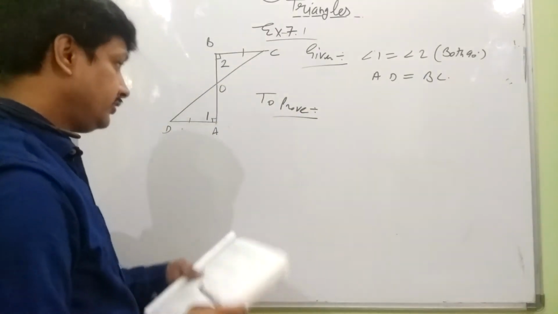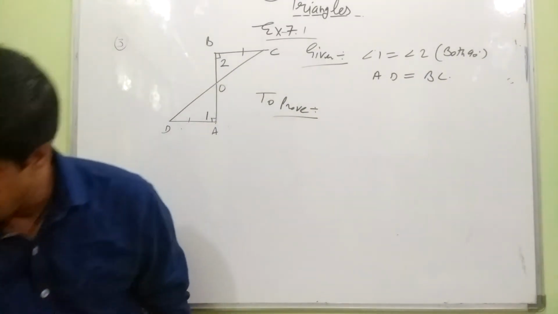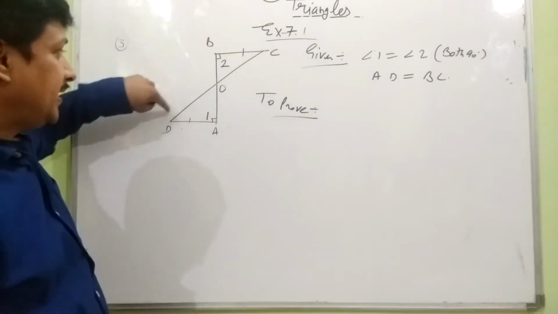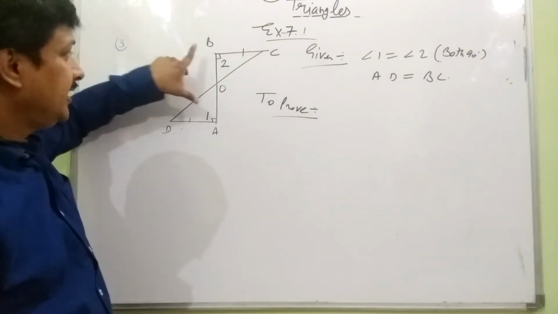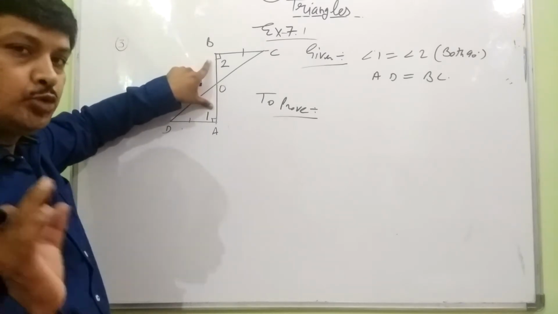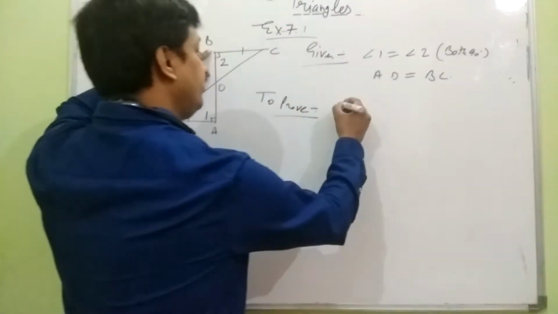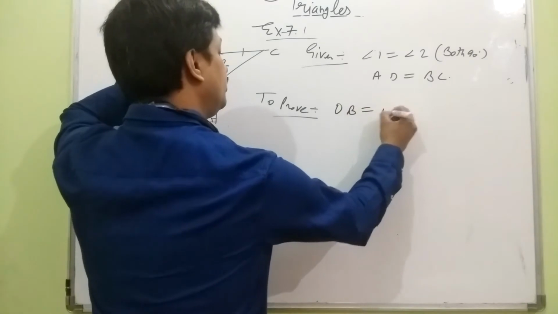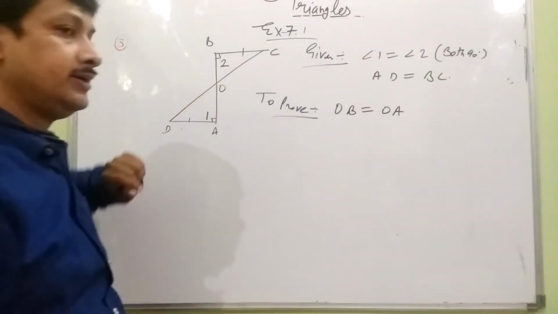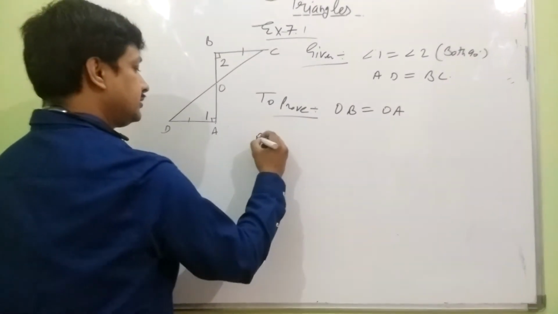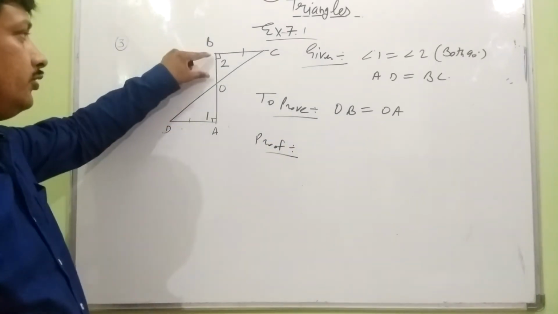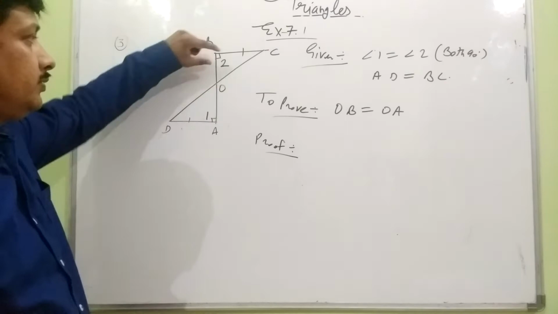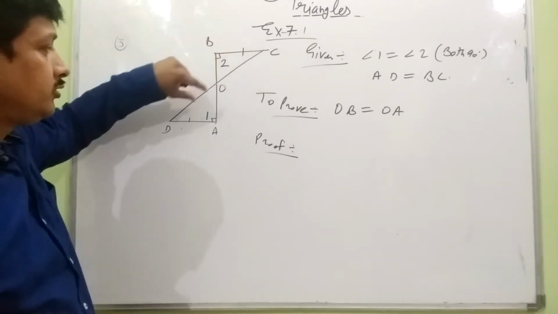Only one thing: that CD bisects AB. What does it mean? We have to prove that CD cuts AB into two equal parts, that is, OB equal to OA. For this, you know very well, if we want to prove OB equal to OA, we will prove this triangle to be congruent to this triangle.